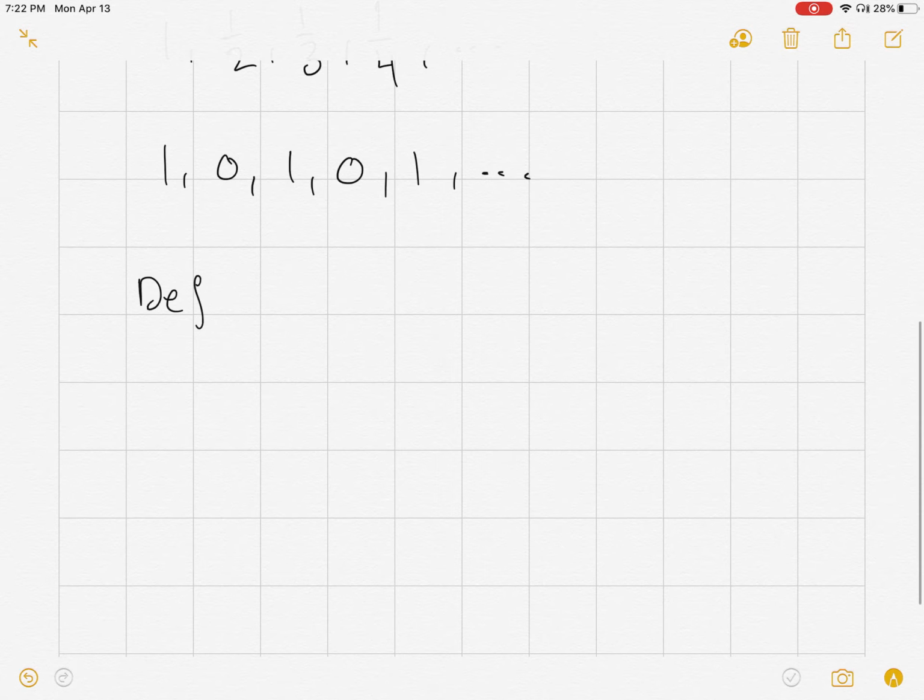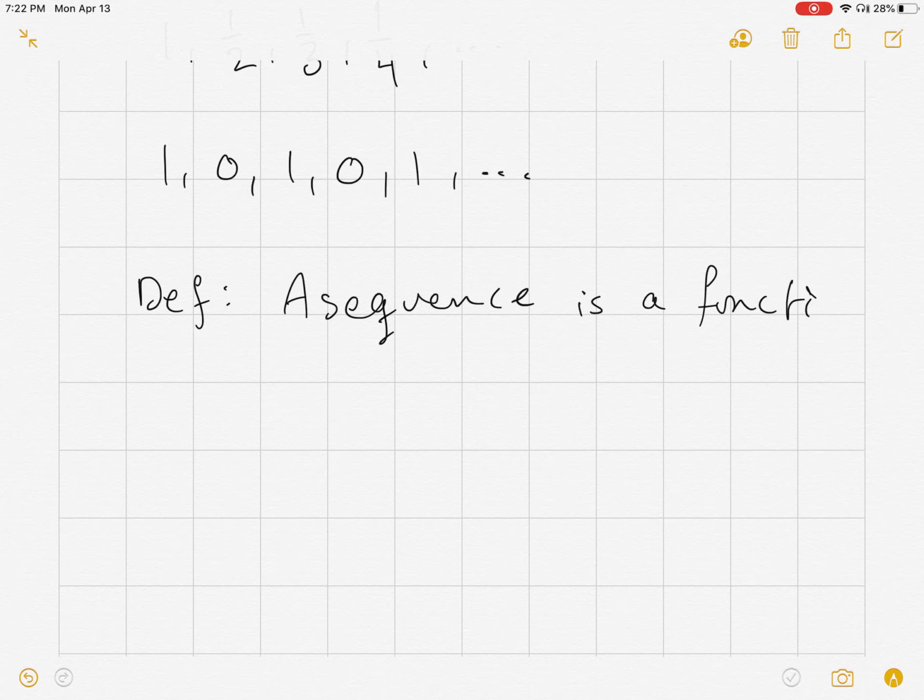So our second definition is that a sequence is a function, and it's going to be a function a that takes us from the natural numbers, so that's things like 1, 2, 3, on and on and on, and it takes them to the real numbers.